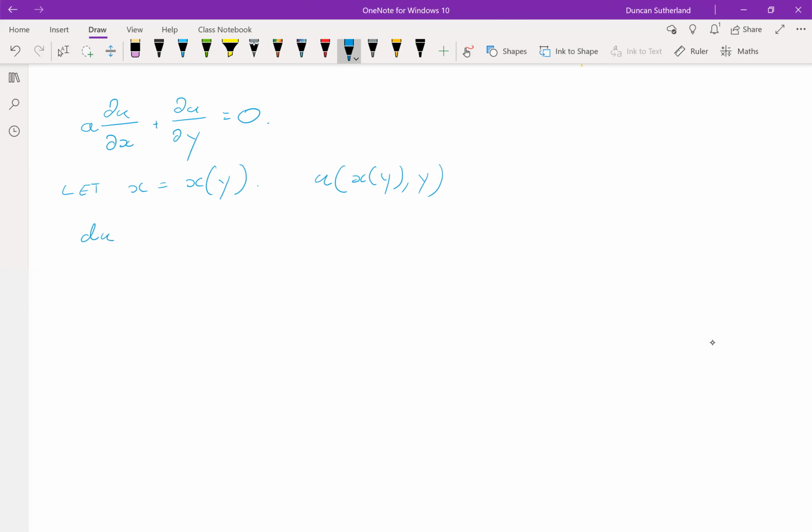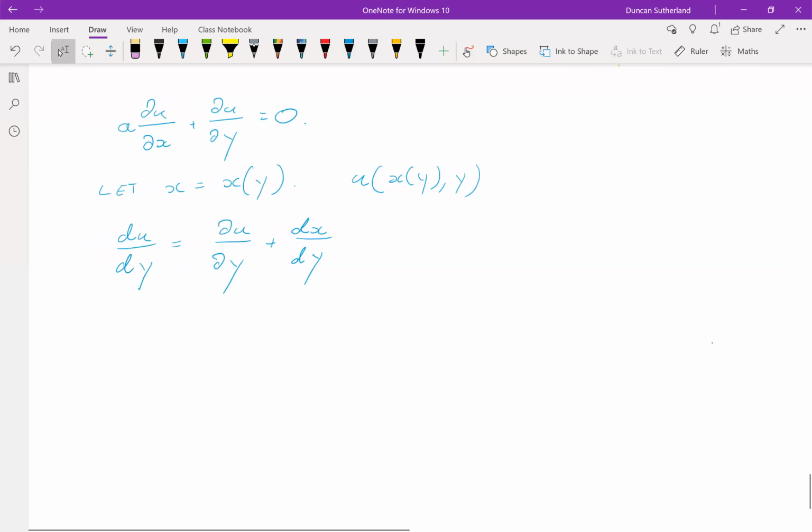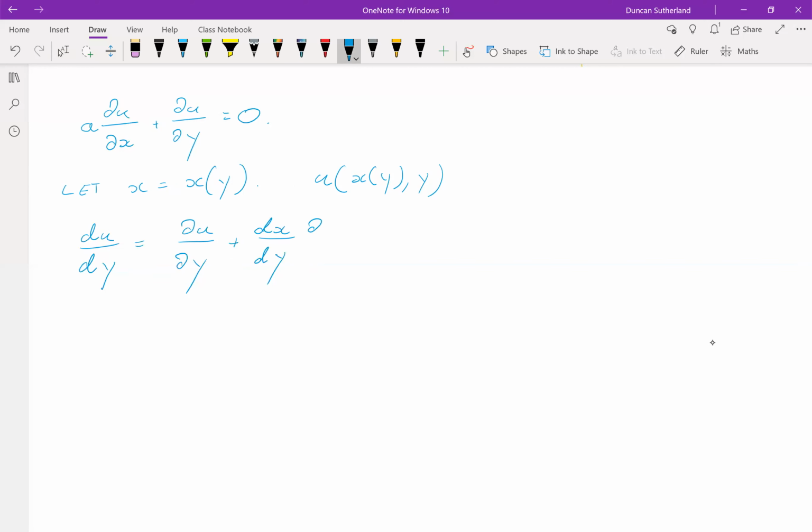So this is a total derivative, an ordinary derivative: du dy is the partial du dy plus dx dy, ordinary because x is a function of y only, times du dx.